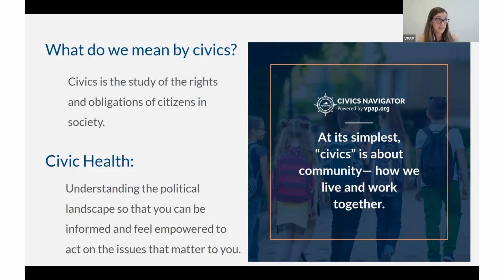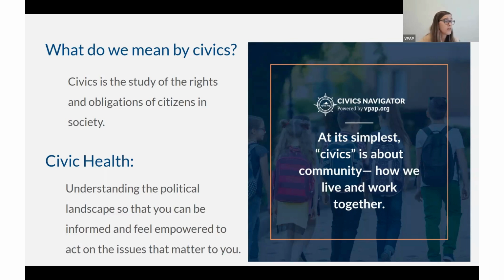It's also worth mentioning the very basic definition of civics. Civics is simply the study of the rights and obligations of citizens in a society. And at its very simplest, if we're talking to elementary schoolers, and even I think as adults, we need to be reminded, civics is about community. It's how we work and live together to function as a society, a civil society.